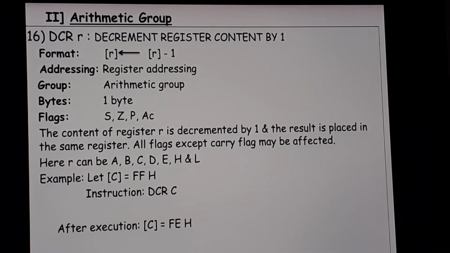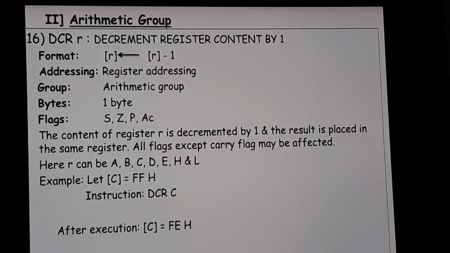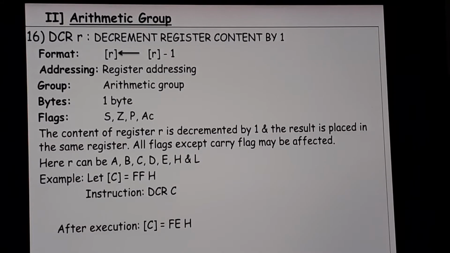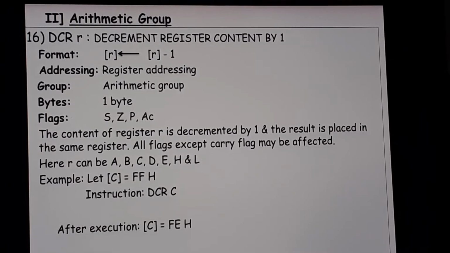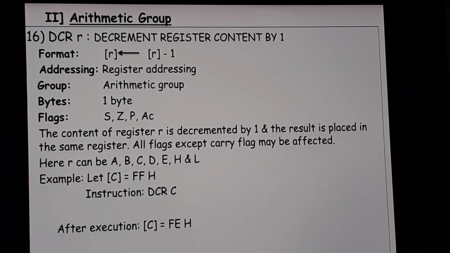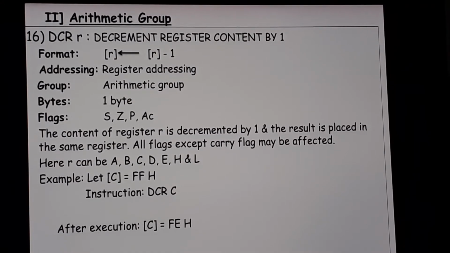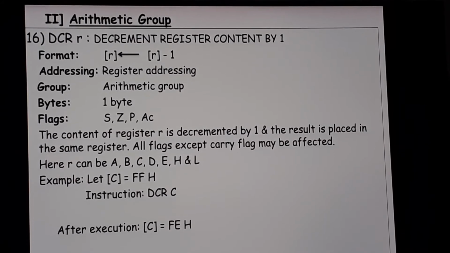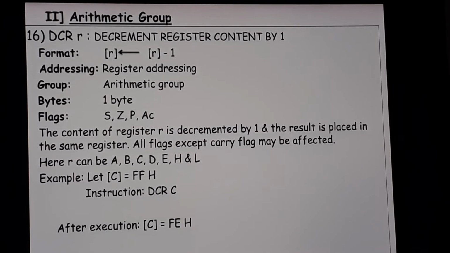The instruction is DCR C. Before execution the data of the C register was FFH. After executing DCR C, the content of C gets decremented by 1, so after execution the content of C is equal to FEH.